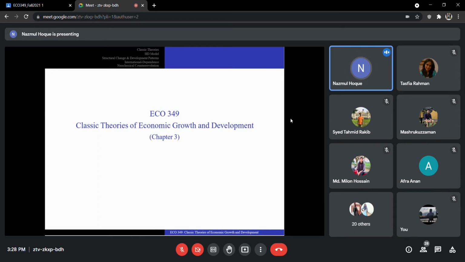Chapter 4 talks about the contemporary theories of economic development. Those theories generally take into account the types of institutions or problems that developing countries generally face, and try to explain what the problems are and what can be done to overcome them so that the economy can grow faster.